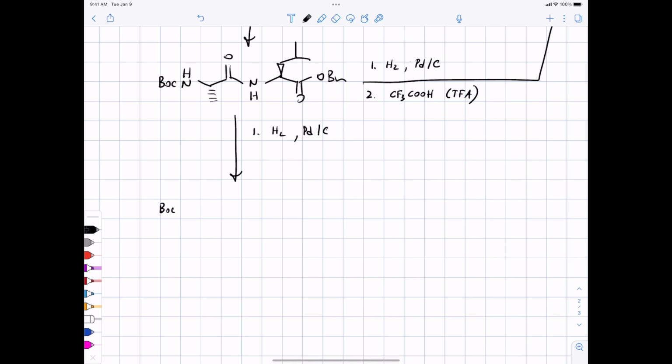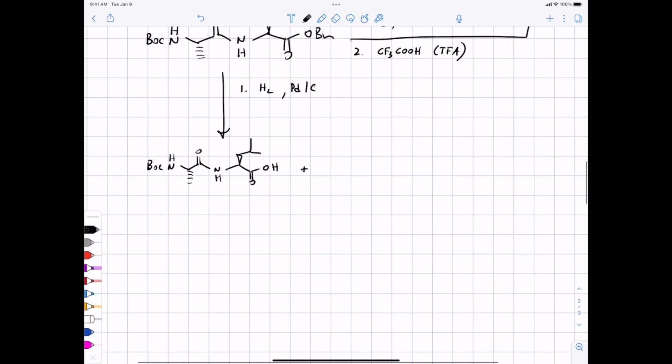Let's leave the nitrogen protecting group on. And then I can bring in another amino acid and add it to the C terminus.